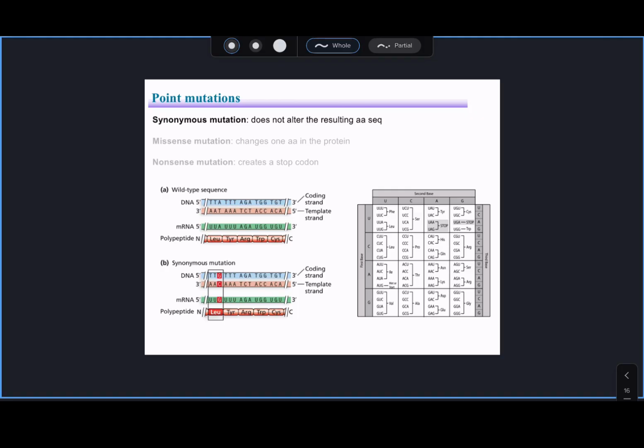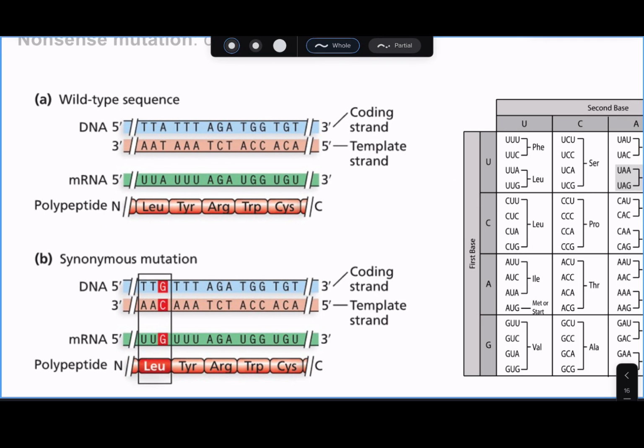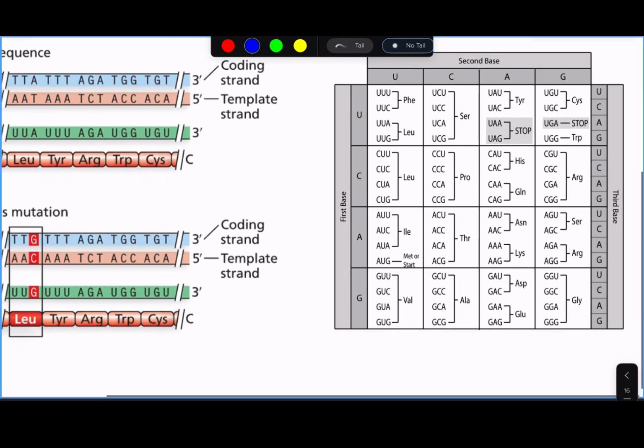There are some mutations that just don't alter the identity of the amino acid coded by that particular affected codon. So the example that we have here, there is this codon, the first codon in this stretch of sequence that they show us, TTA, gets transcribed into UUA. And if you look at the codes here on the right, UUA, I'm looking frantically for it. Where is it?